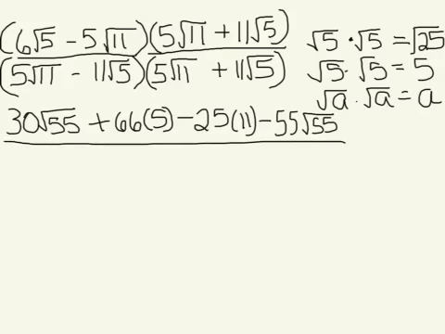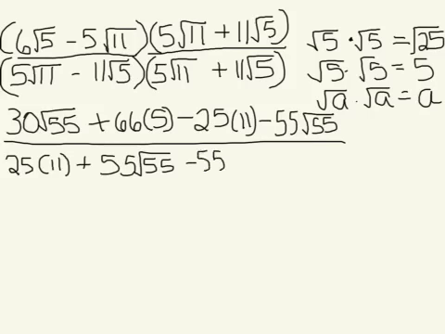We also want to multiply the binomials on the denominator, and let's see what happens when you multiply by a conjugate. So 5 root 11 times 5 root 11 would be 25 times just 11 by our property. On the outside product, we would have 55 root 55. And then the inside product, though, would be negative 55 root 55.